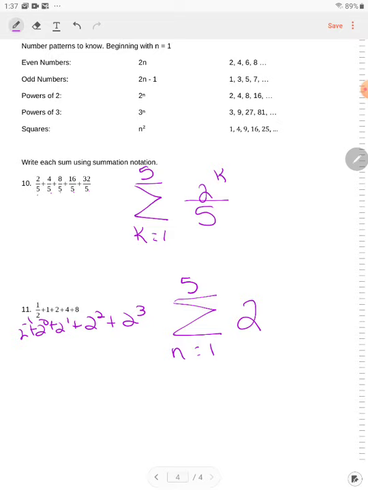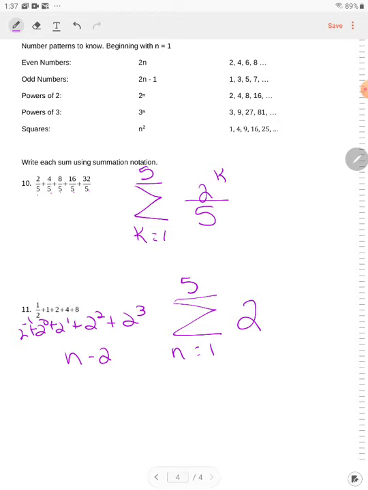Well, the last term, you want your n value to be 3. So the fifth term, when we plug it in, we want to get 3. So if you notice, n minus 2 is going to give it to you. 5 minus 2, we get 3. If I did 5 minus 3, I'd get 2, and so that would be the number I need.